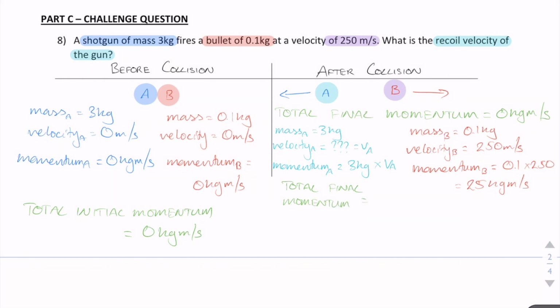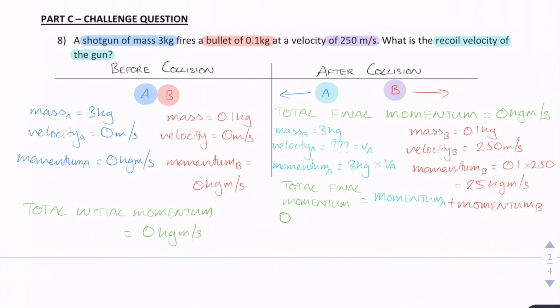Total final momentum equals the momentum of A plus the momentum of B. So we know that total final momentum from above is equal to 0.